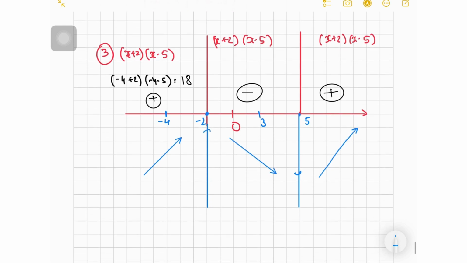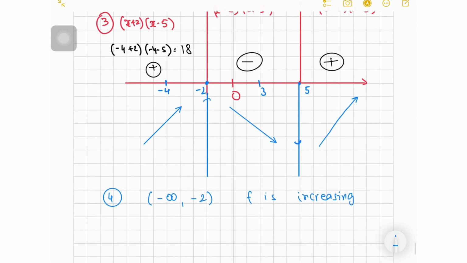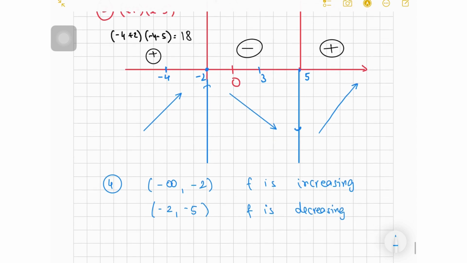So we can write the following: from minus infinity to minus 2, f is increasing. Then between minus 2 and 5, f is decreasing. And from 5 to plus infinity, f is again increasing.